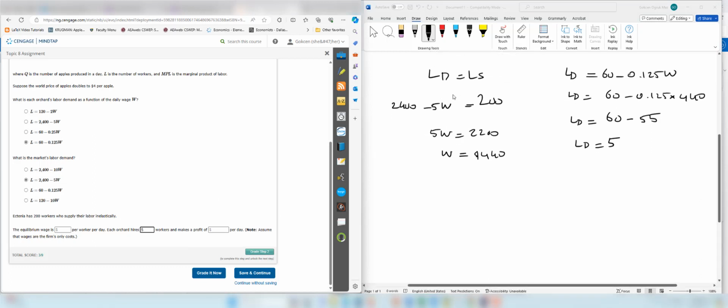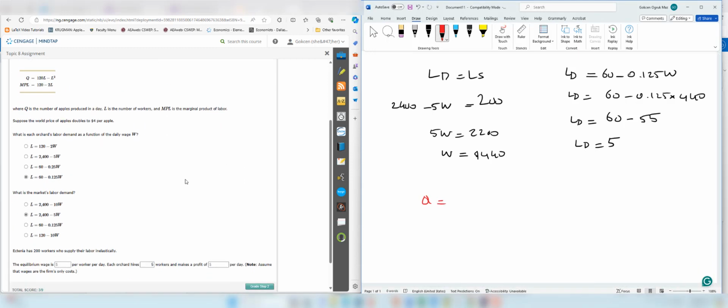And now let's calculate the amount of profit. First we need to find the quantity each firm produces, so we go up to the production function: 120L minus L squared. So 120 times 5 minus 5 squared is 600 minus 25, which is 575.